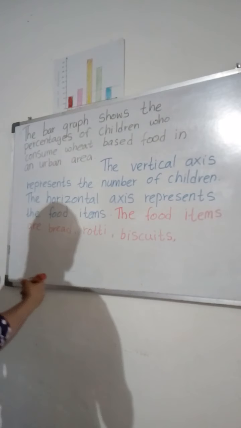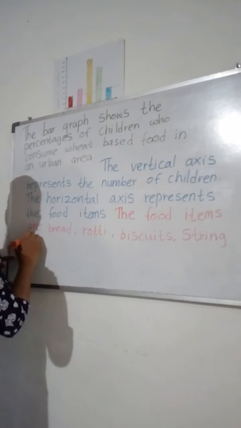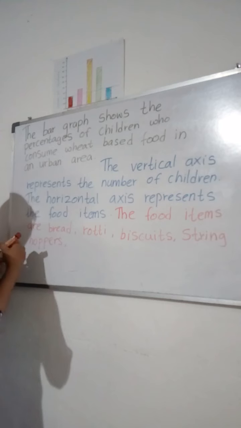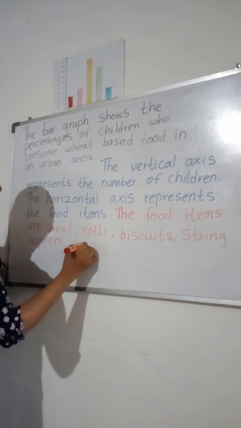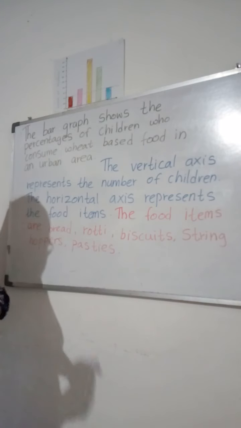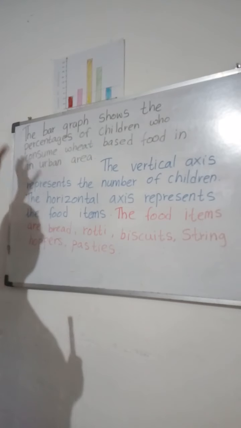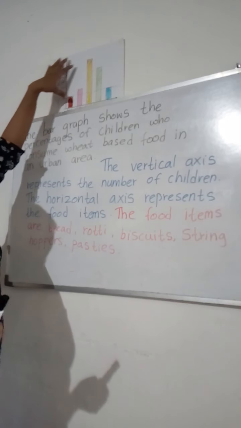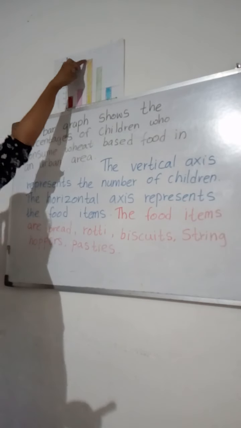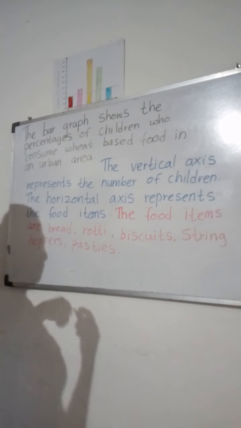Number 4, string hoppers. Last one, pastries. Now, look at the bar graph. Now we can select the highest bar. What is the maximum bar here? Biscuits. We can write down the maximum number.